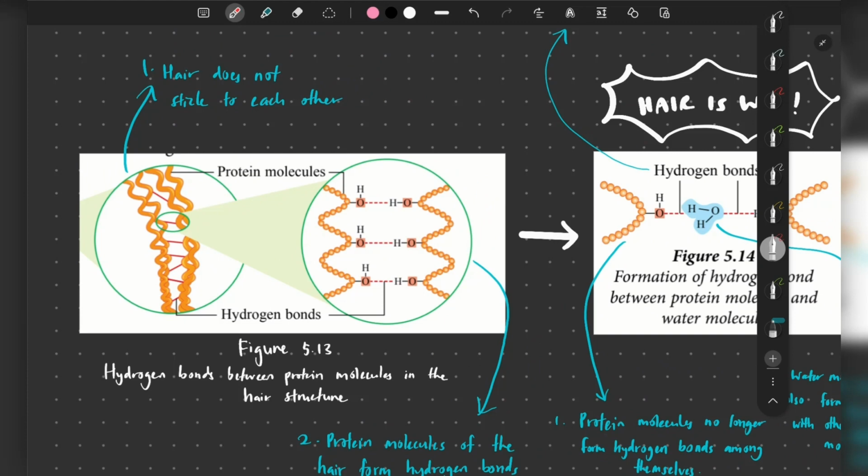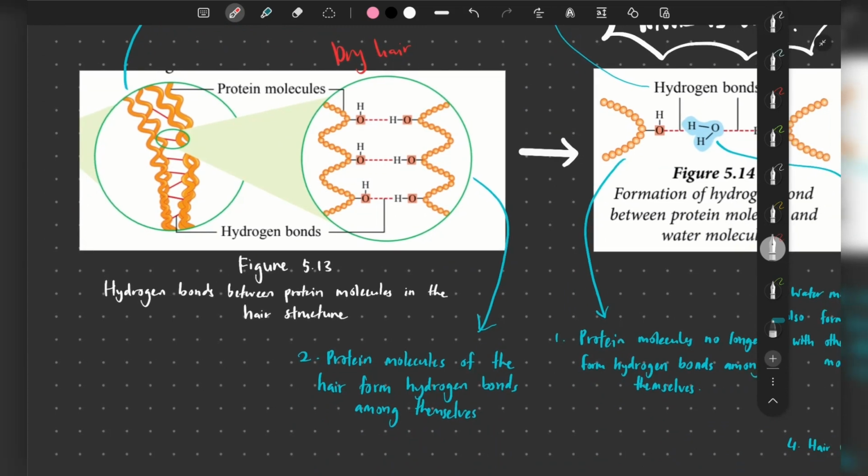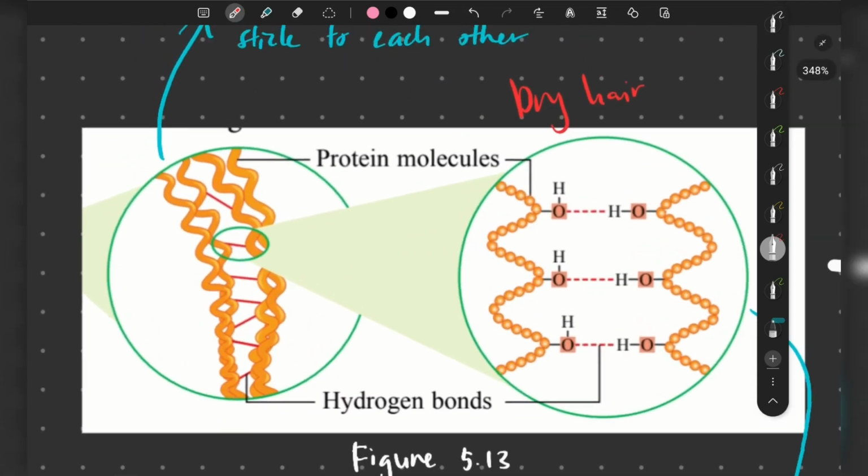So we have here a dry hair. Firstly, we know that our hair does not stick to each other. It is because the protein molecules of our hair, which is keratin, form hydrogen bonds among themselves. This image shows our hair when it is dry.